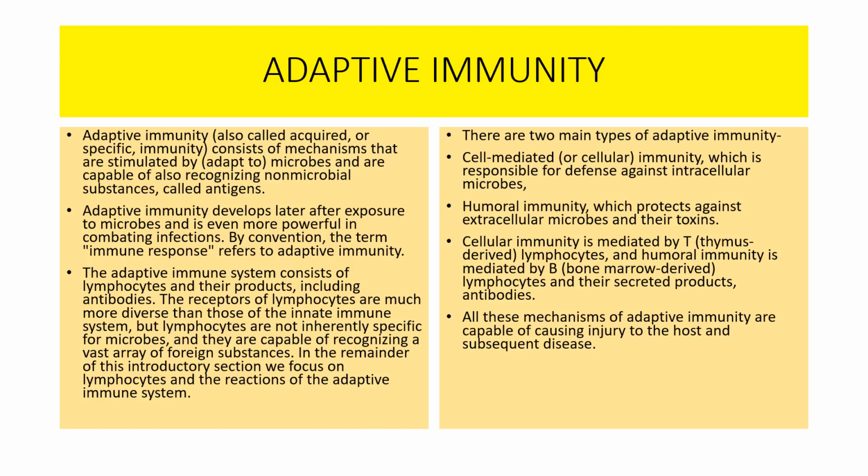Second, humoral immunity, which protects against extracellular microbes and their toxins. Cellular immunity is mediated by T lymphocytes, and humoral immunity is mediated by B lymphocytes and their secreted products. All these mechanisms of adaptive immunity are capable of causing injury to the host and subsequent disease.